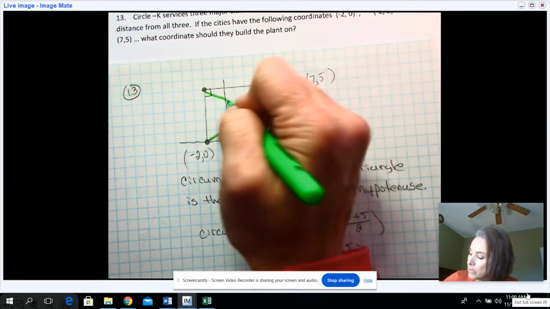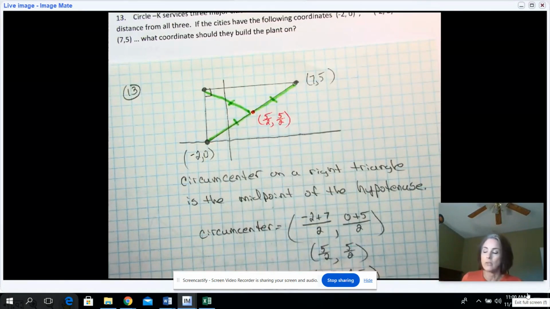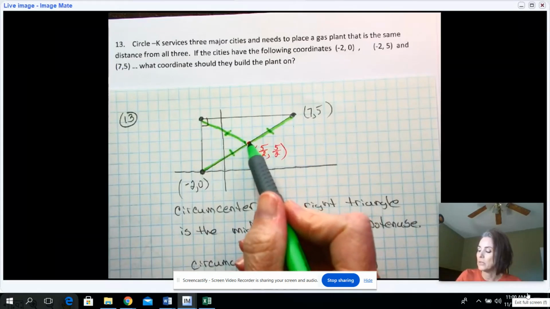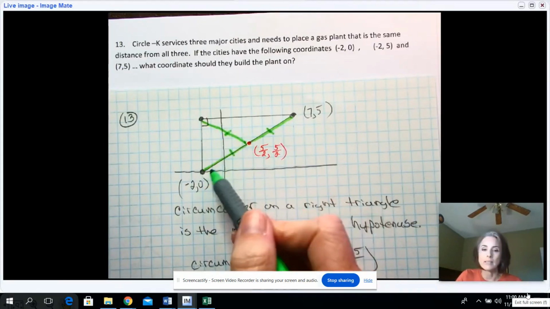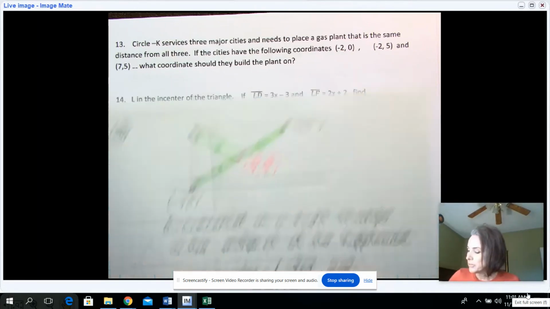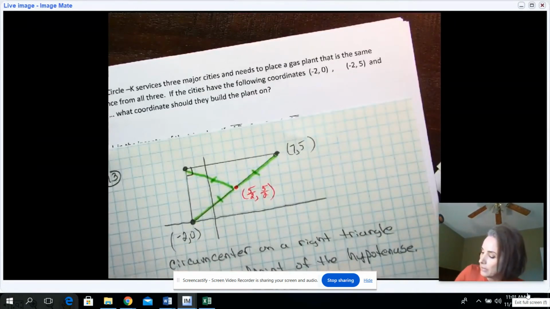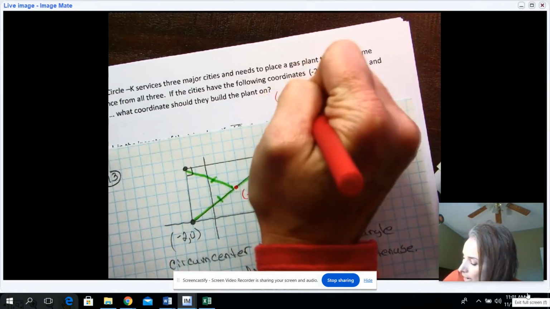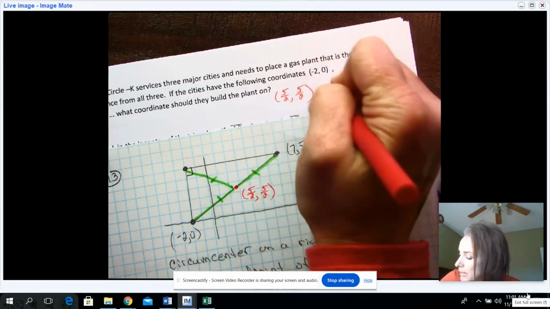Those are all congruent lines. So that's where they would put the gas plant in order to service all 3 cities and be the same distance from all 3 cities. So that's number 13, it's going to be 5 halves and 5 halves. Look on next page.